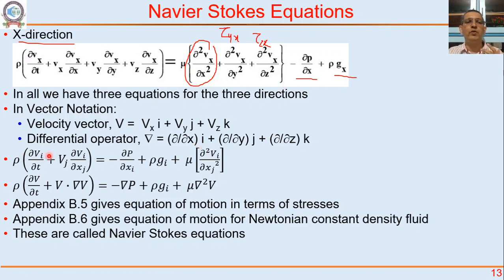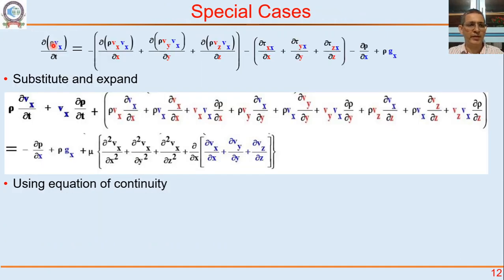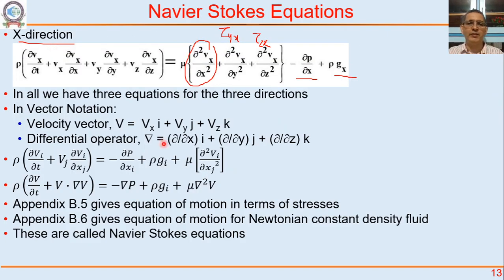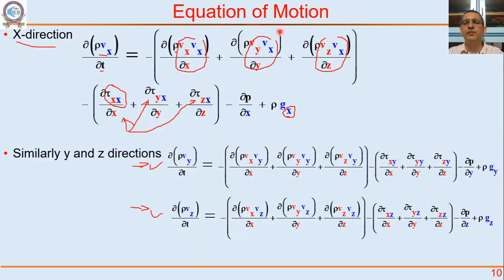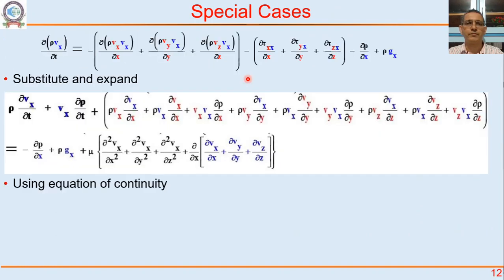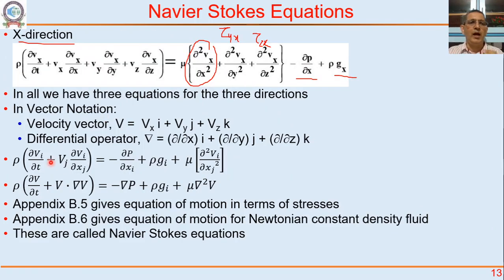Take i equal to y, and you will get the equation of motion in the y direction. These are called the equation of motion. Let's take i equal to z direction.